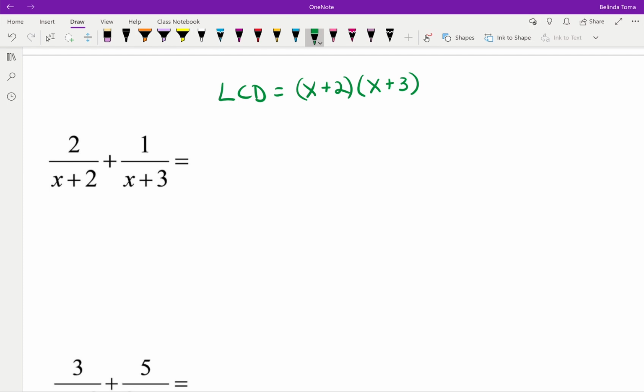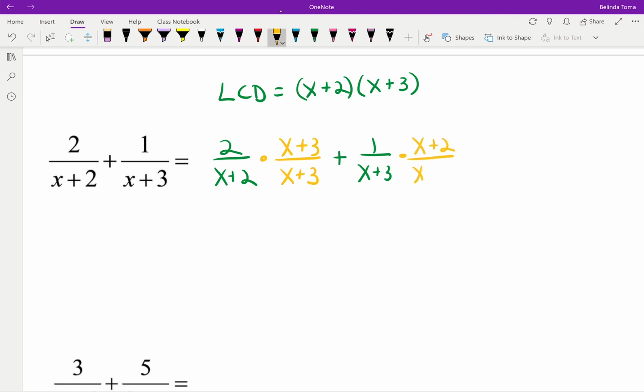That means that we're going to transform the first fraction by multiplying by what it's missing. In this case, it's missing the x plus 3. And then we're going to look at the second fraction, and we're going to say, well, gee, what is it missing to get to the LCD? It's missing the x plus 2.